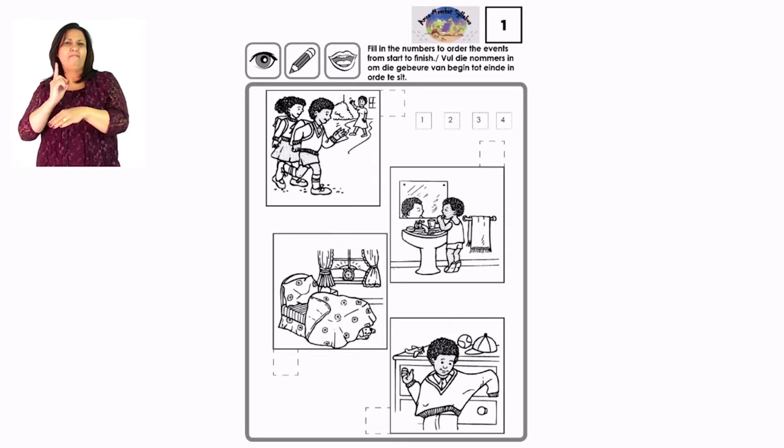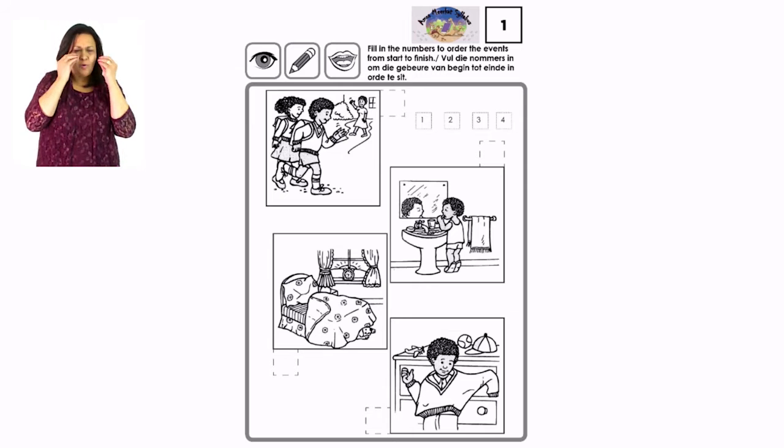First, when you wake up and leave your bed, as we can see. So the picture with an empty bed is picture number 1. So you need to write 1 in the little box just below the bed. Let's look for the second picture. When you have woken up, what is the next thing that you need to do?